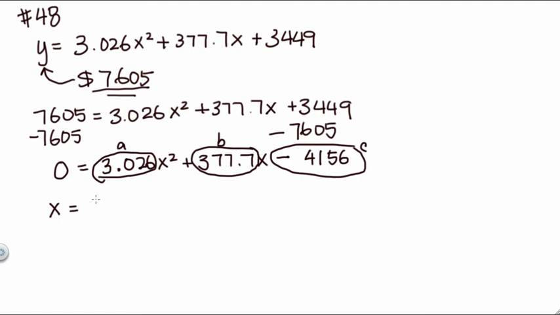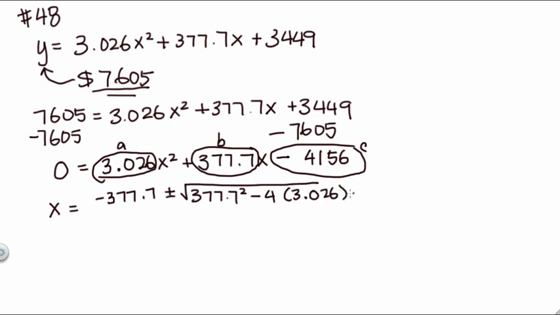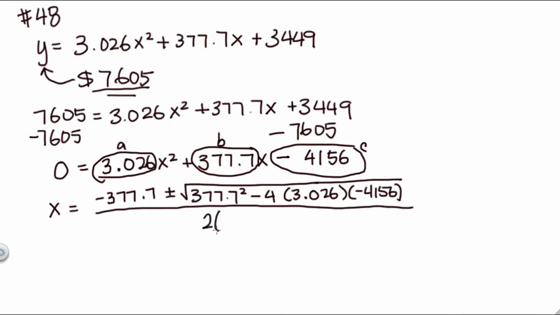The quadratic formula states negative b, so negative 377.7, plus or minus the square root of b squared, so 377.7 squared, minus 4 times a times c, and this is all over 2a, so twice 3.026.